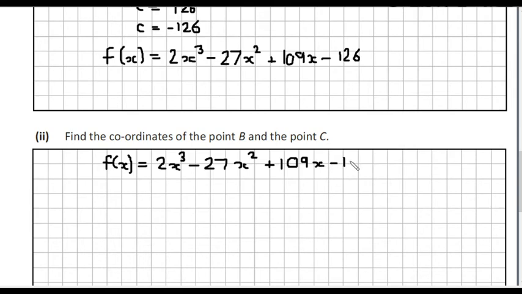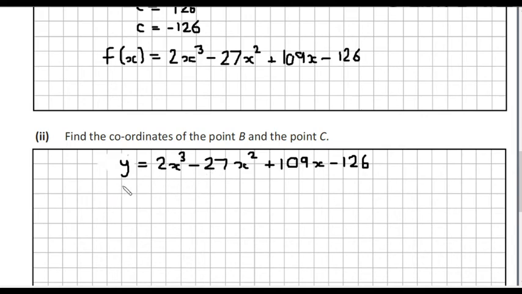Now, alright, so again, you could call this y. So we want to find out where the function equals 0. So y is equal to... now to find out where a function cuts the x-axis, you want to let y equal 0.